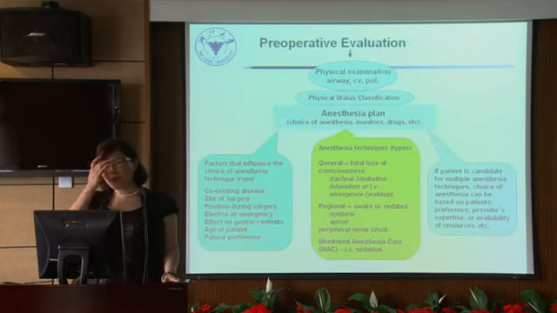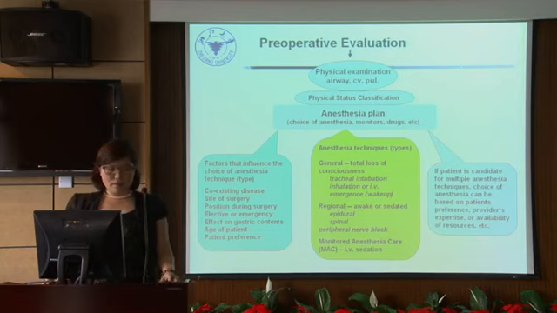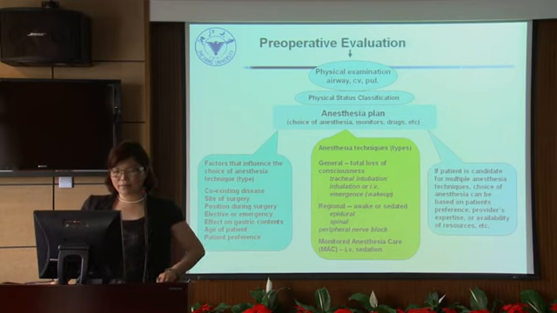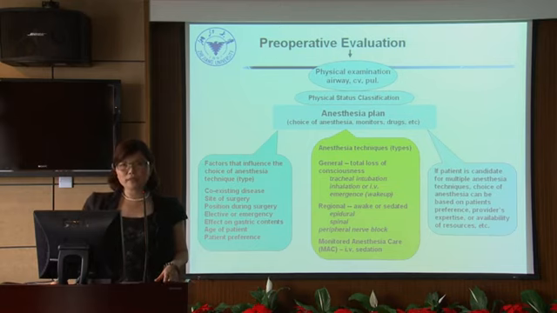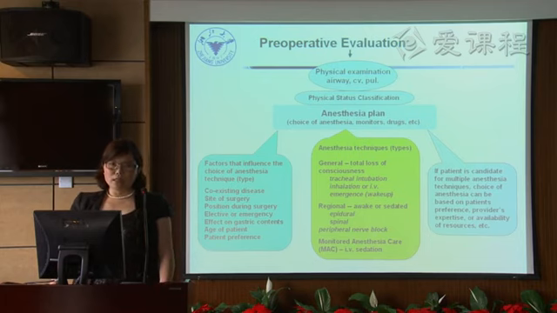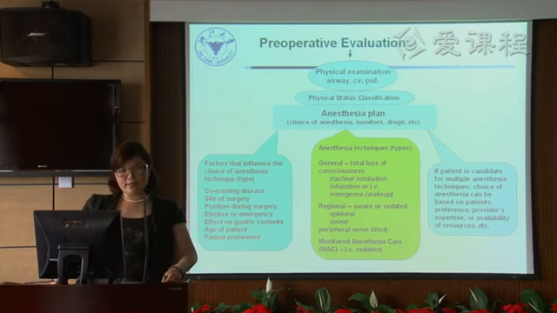And after we check the patient and evaluate the patient's status, we should make the anesthesia plan. For example, we should make sure what type of anesthesia we will deliver. Usually many factors will influence the choice of anesthesia technique.